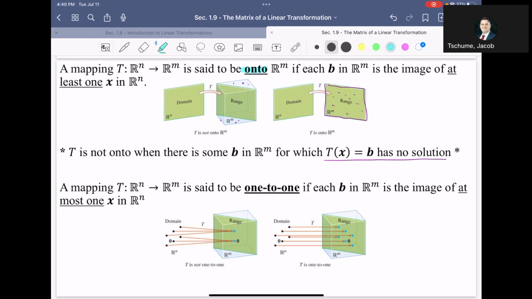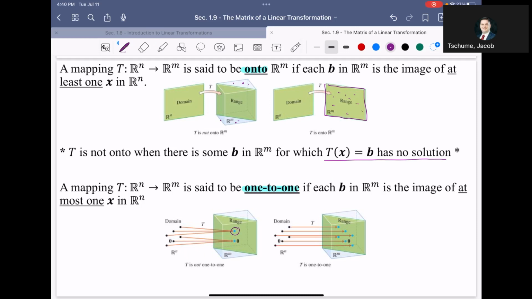The other idea we can talk about is the idea of one-to-one. A mapping is called one-to-one if each b in the final dimension is the image of at most one x in R^n. Where this is different is that it doesn't matter that there's extra space when you're doing one-to-one. You can have parts that aren't going to be mapped into. That doesn't matter in one-to-one.